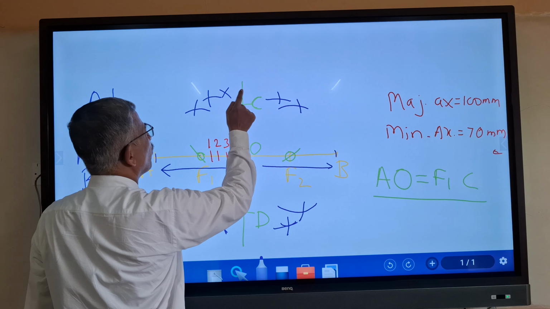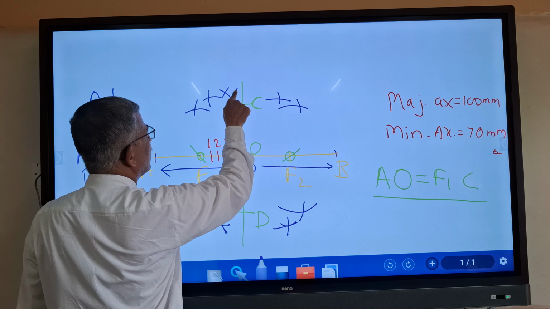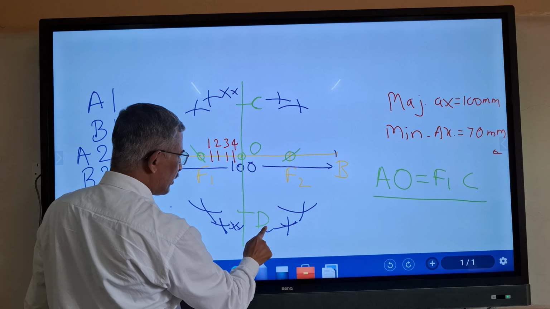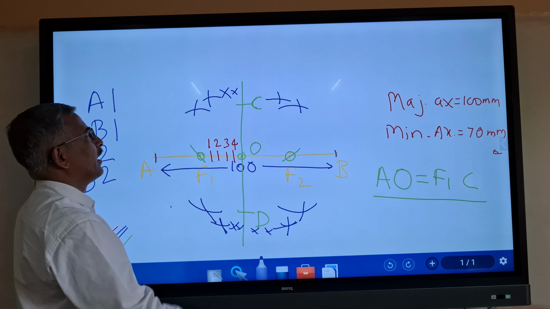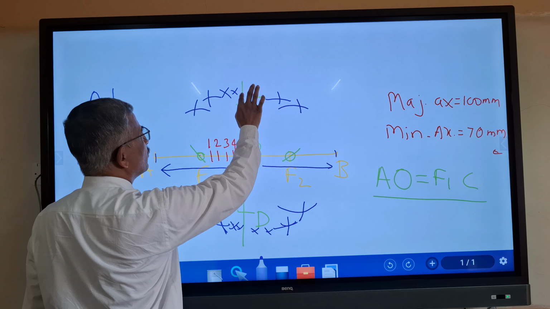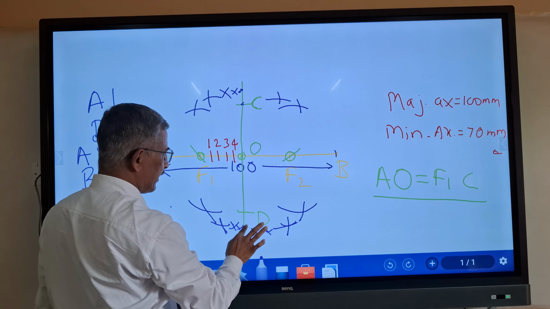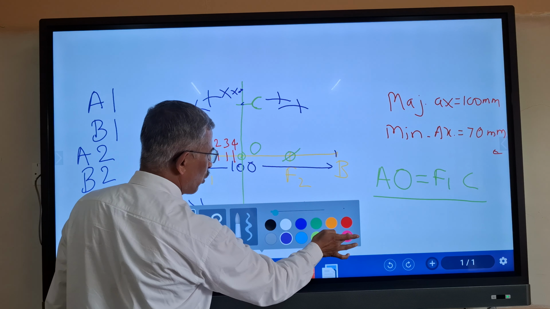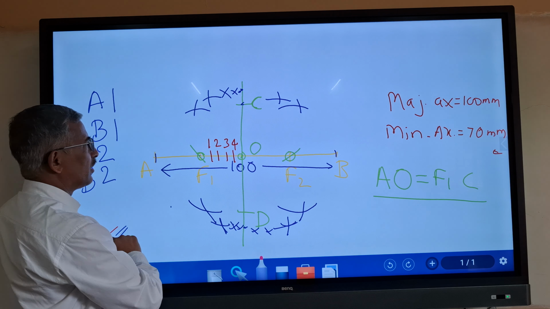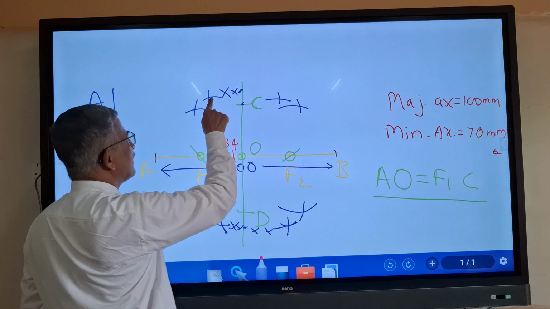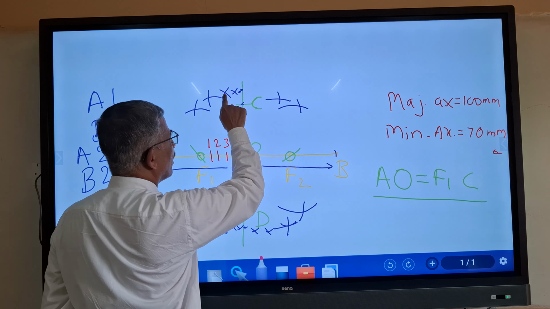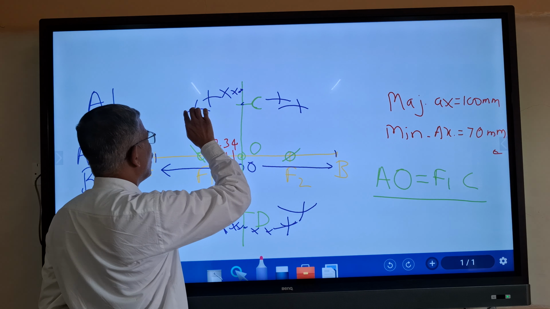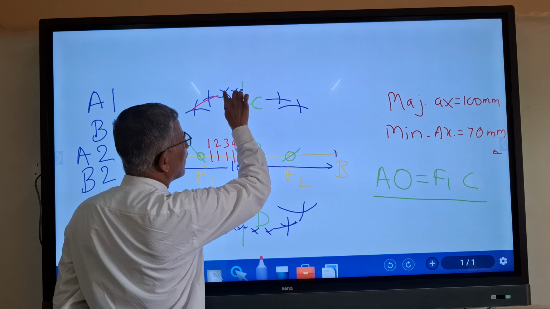So these 2 points will get here. Again these 2 points you will get here. Similarly here also. Actually these points should pass through this point C and this point D. So finally, to draw ellipse, you have to join all these points through C, B, D and A. You have to draw one curve.